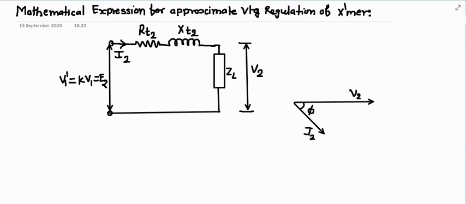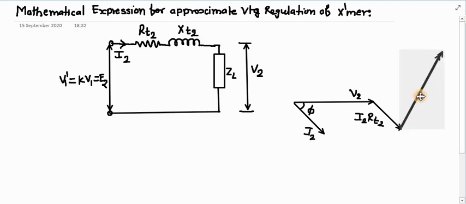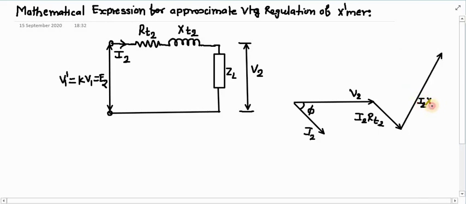Then the I2 RT2 drop is in parallel with my I2. So this is your I2 RT2, and perpendicular to this I2, this is your I2 XT2.